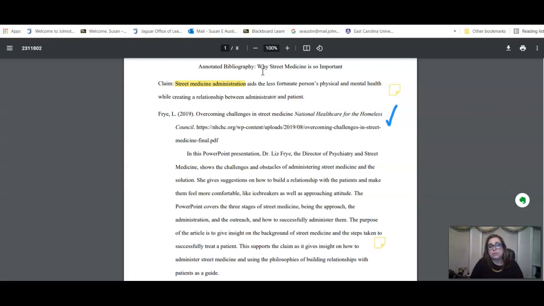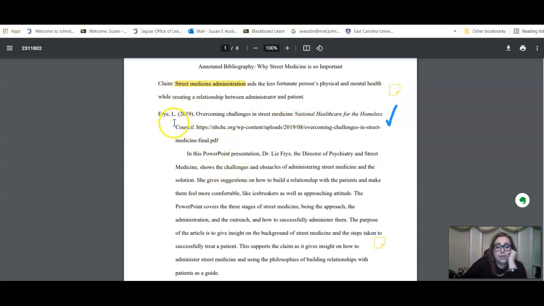The only exception would be proper names, proper nouns in the title. So notice how this title is lowercase. In most cases with APA 7th edition, the publication, which does have to be included, is in italics. So these are some things that you can notice here with the student.